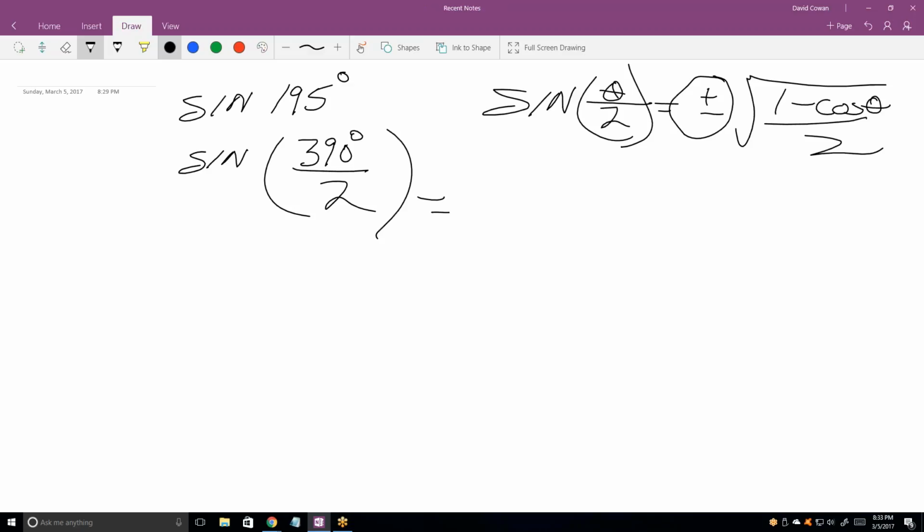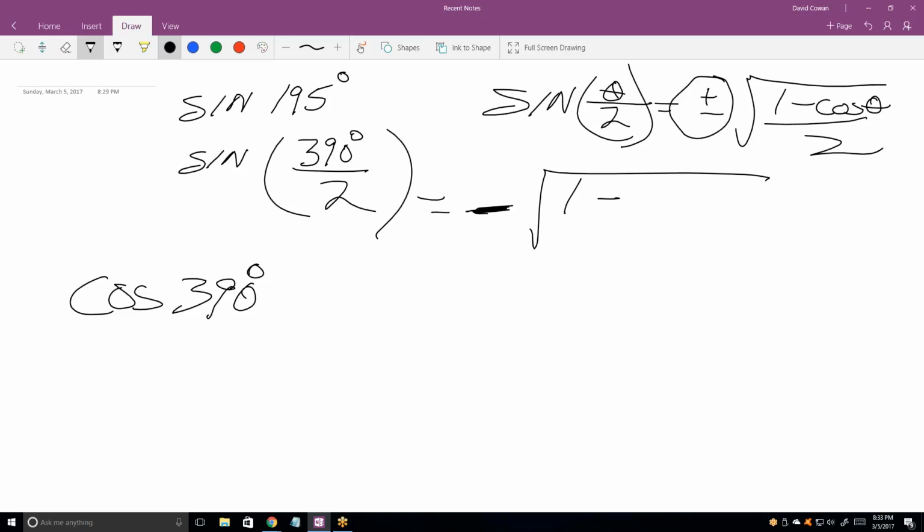195 degrees is in which quadrant? Quadrant 3. Sign positive or negative there? Negative. So that determines whether we use the plus or the minus. Okay? Now, 1 minus, what's the cosine of 390 degrees?